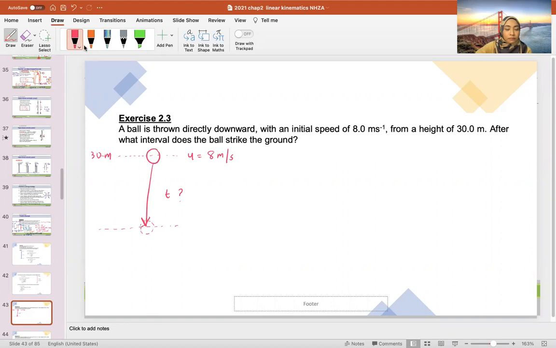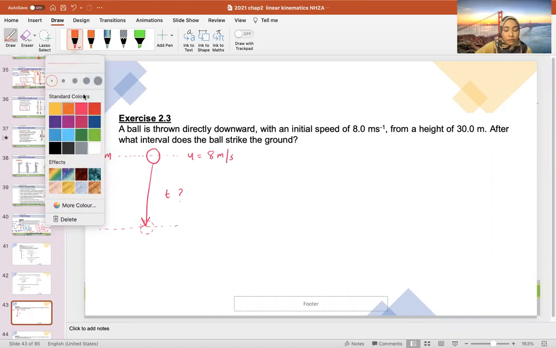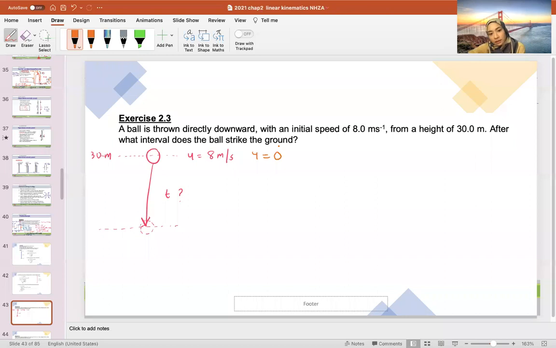U equal to 8 meters. U equals to? Isn't it 0? U equals to 0. Okay, some of you are saying U equals to 0. Okay, other guesses? V equal to 0. V equals to 0. Okay, more? Negative 8. Negative 8.